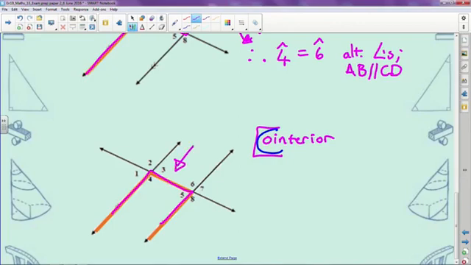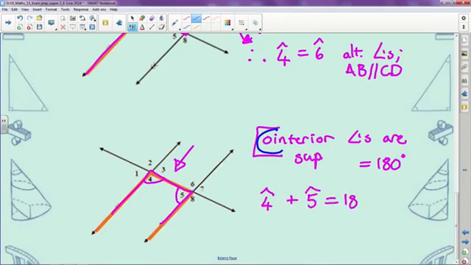Now, co-interior angles are supplementary. Do you remember what supplementary means? It means that they add up to 180 degrees. So in this case, I would say angle 4 plus angle 5 is equal to 180 degrees. Why? Because they are co-interior angles. And that means nothing until I've said which lines are parallel to each other.